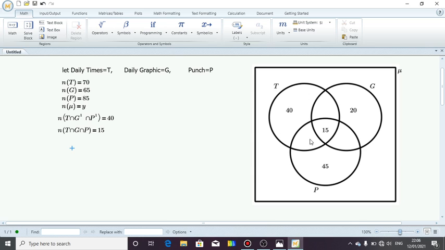We need to calculate these missing terms, and I think this is going to end in simultaneous equations. So we need to create some variables.